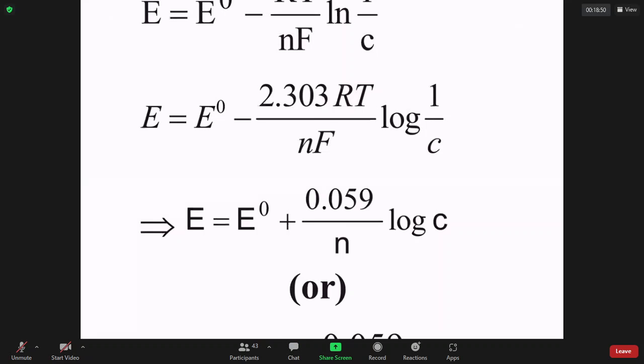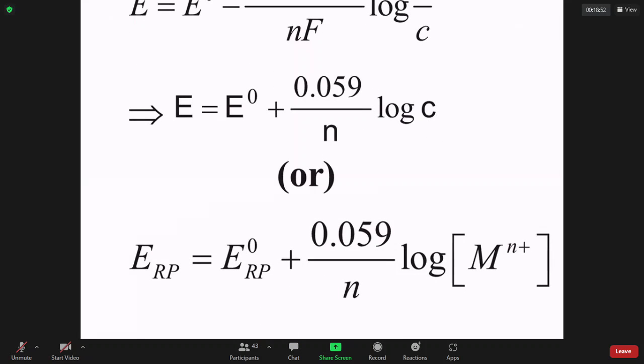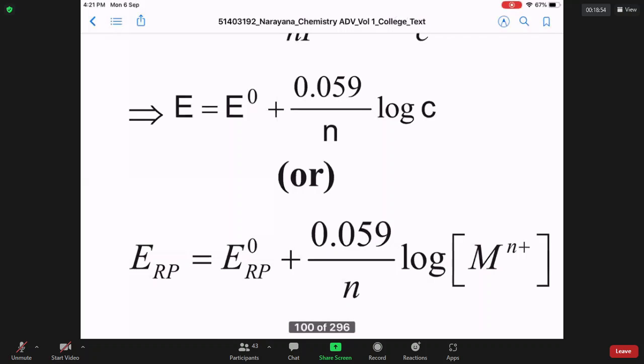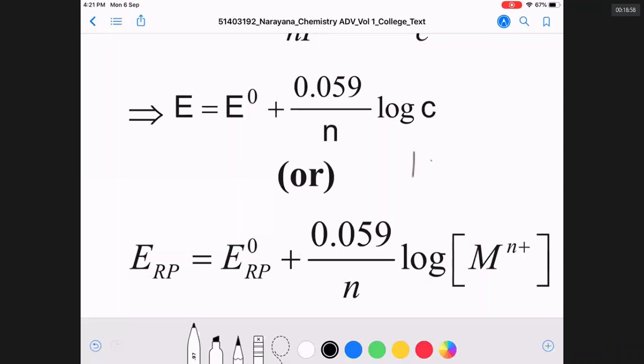Here is a shortcut formula for any hydrogen electrode. If 10 to the power minus 1 molar H plus ion, it is said to have a pH of 1. If pH is equal to 1, then the hydrogen electrode potential is equal to minus 0.059 into pH.